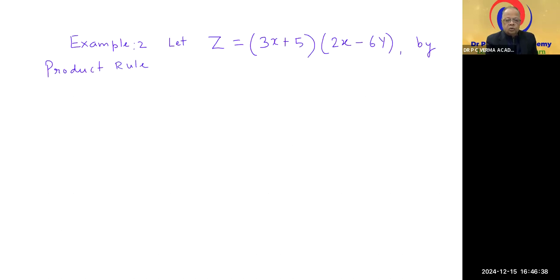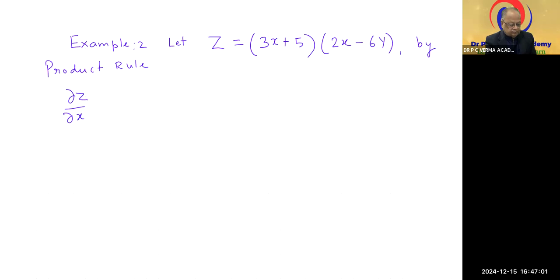We all know in product rule, one by one we will differentiate, taking one constant, differentiate this one. Taking this one constant, differentiate this one. So let us first differentiate with respect to x.